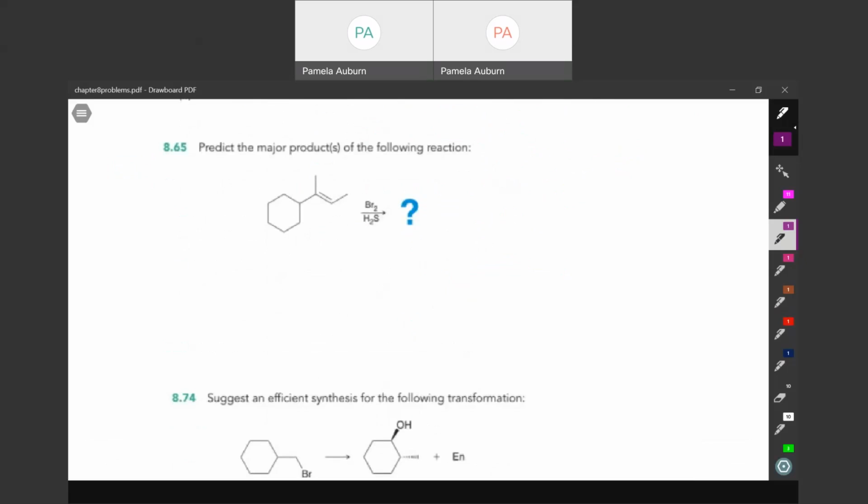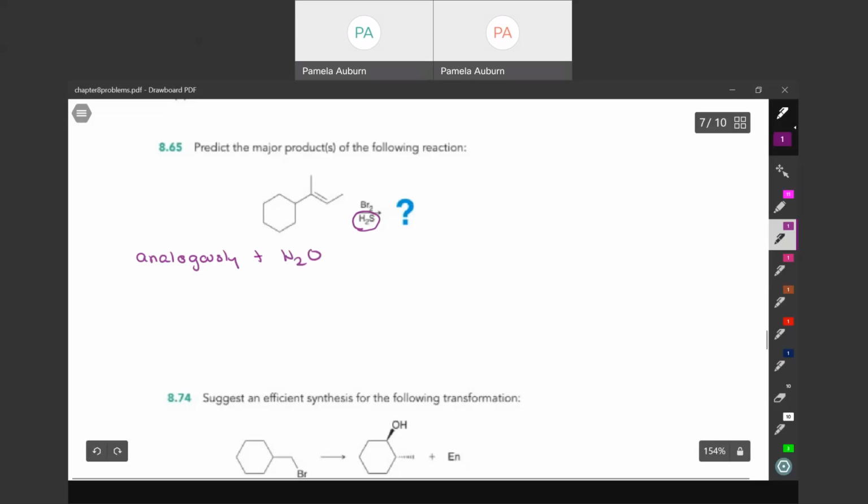The trick to this question is to realize that H2S is going to work analogously to H2O. So H2S in this case is nothing more than a nucleophilic solvent.